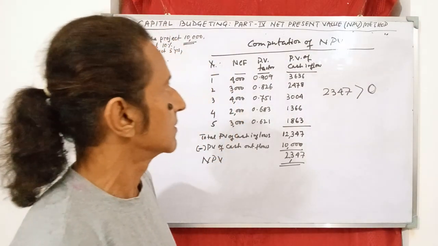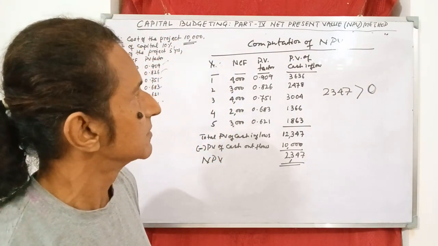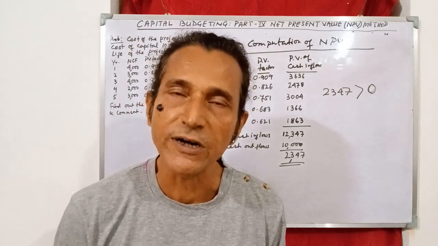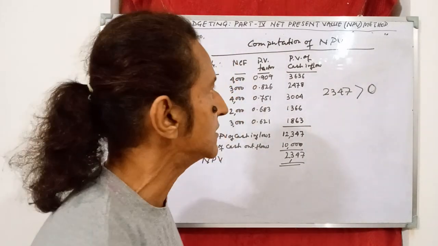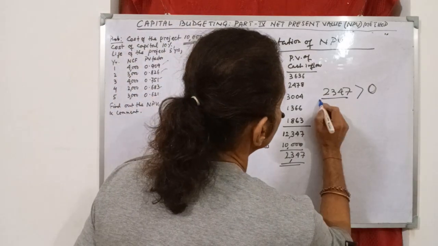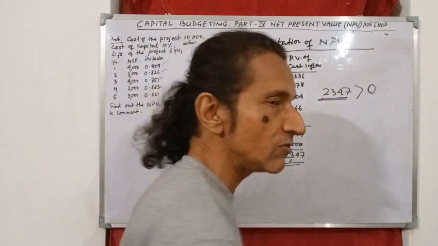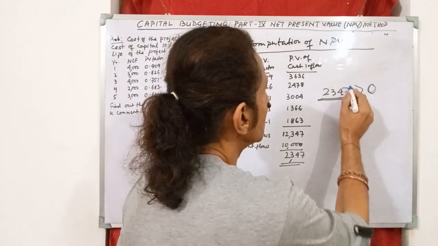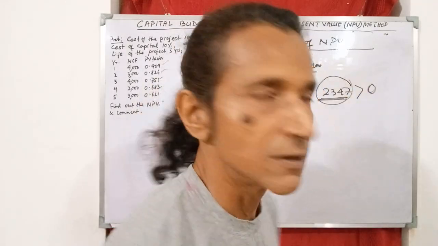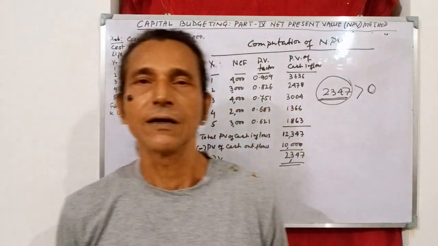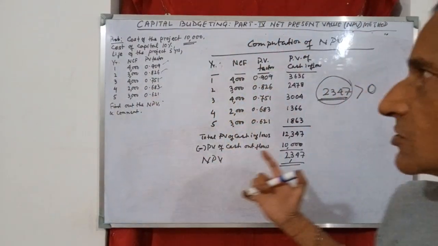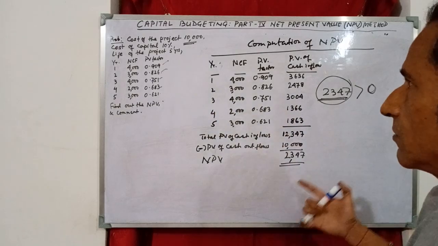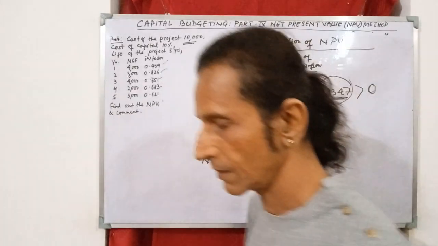Because the present value is positively contributing towards the firm's value or to the value for the shareholders by this amount. So value of the firm is increasing by this amount, or value for the shareholders is increasing by this amount, 2347. Hence the project should be accepted. Correct? So this is how you could solve numerical problems on capital budgeting.